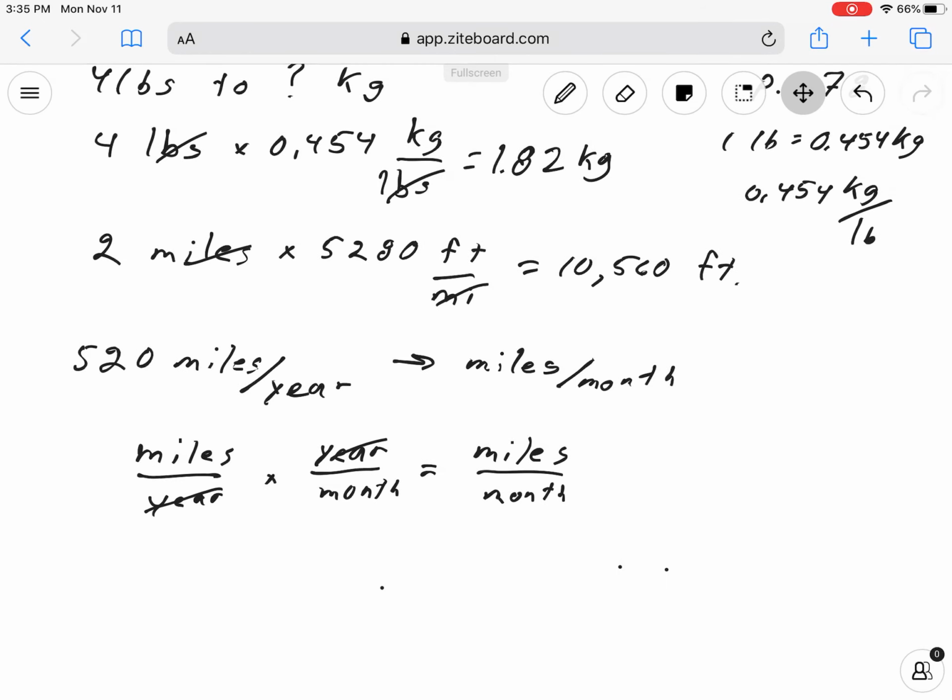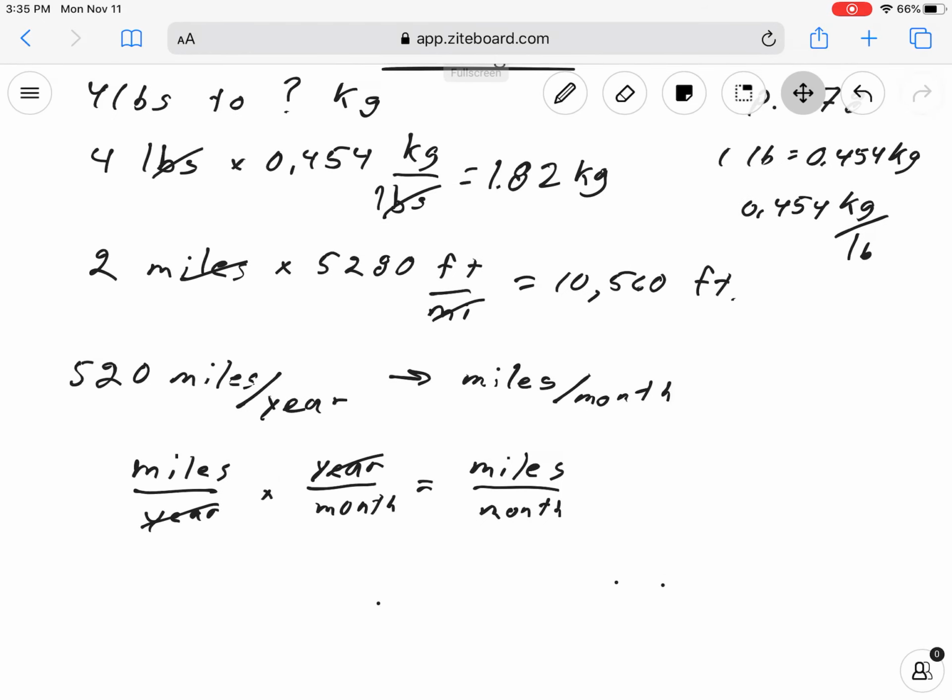So I have 520 miles per year. I'm multiplying that by 1 year over 12 months. And again, the months cancel. Or actually, that's miles, sorry.